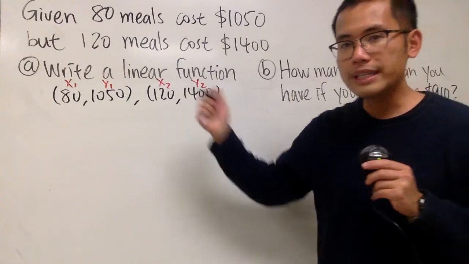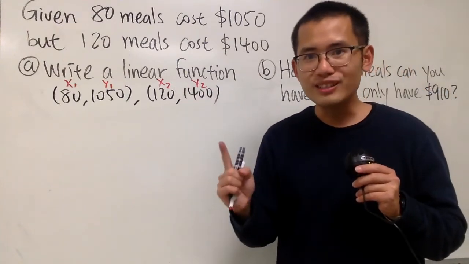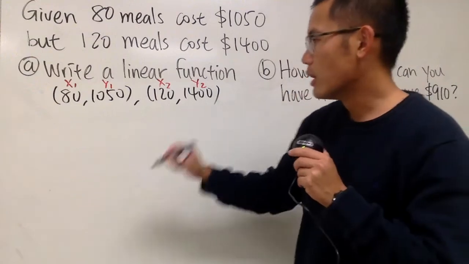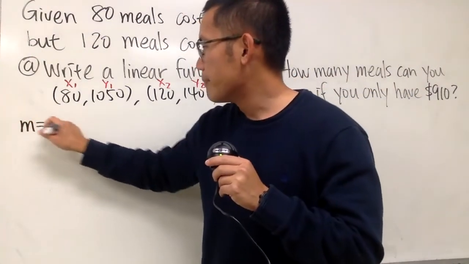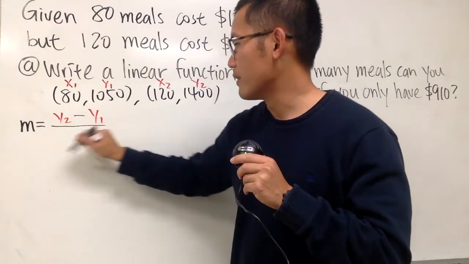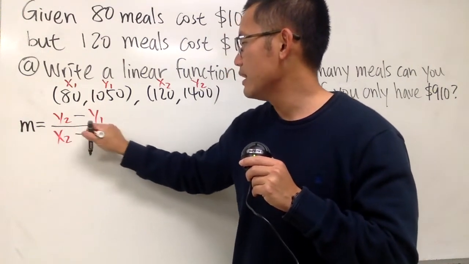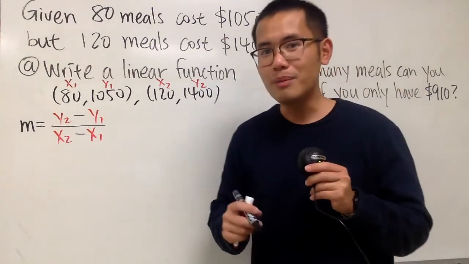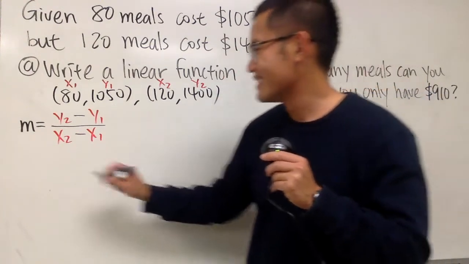And then, of course, to write a linear function, we always have to get the slope first and then use the slope in the point slope form, right? So go ahead, slope m is equal to y2 minus y1 over x2 minus x1. So that's the slope formula we have to remember. Go ahead and throw in the numbers.